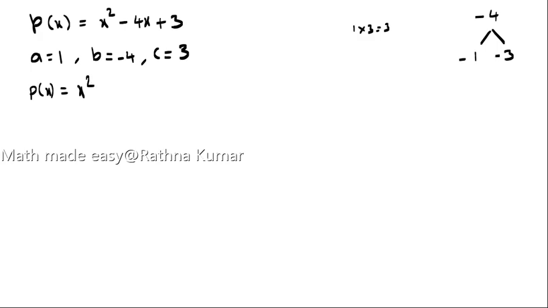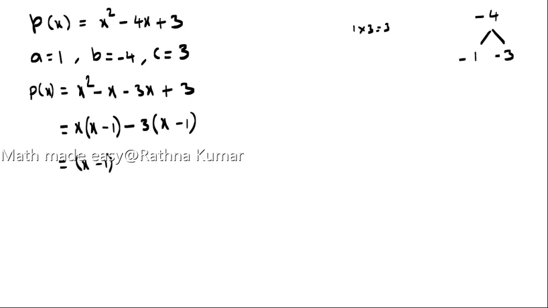Splitting this term, we will take minus x minus 3x plus 3. Now from the first two terms, we will take x common, x minus 1. We will take 3 common from these two, x minus 1. So from these, we will take x minus 1 common, we will get back x minus 3.